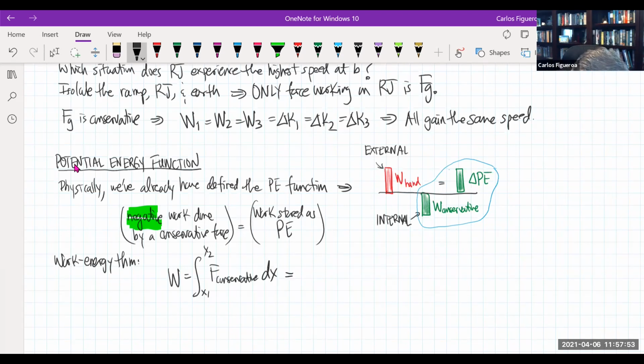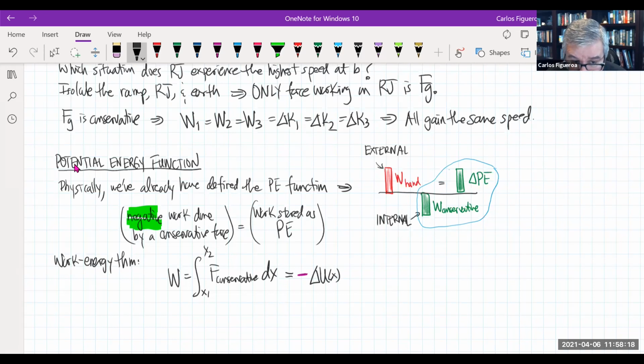What we get here is that, look at the minus sign. I'm going to move that minus sign to the potential energy side. So it's customary to put the minus sign with the potential energy, not with the work. So all of a sudden, I have a new function in terms of position here.